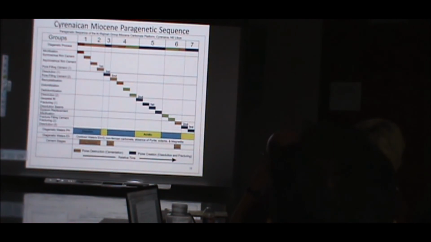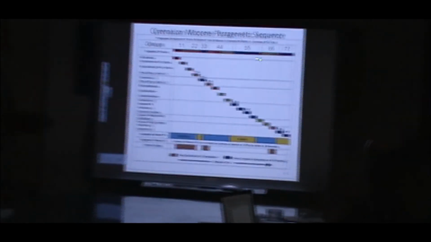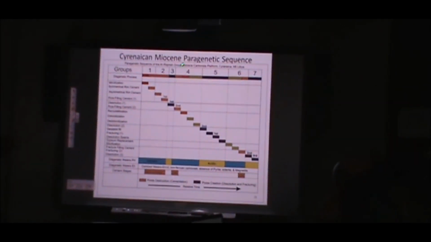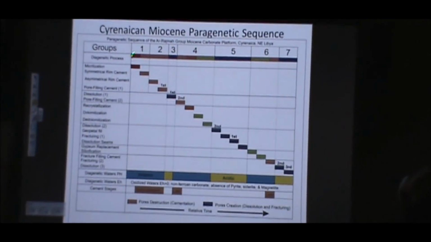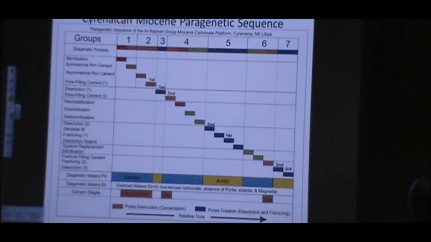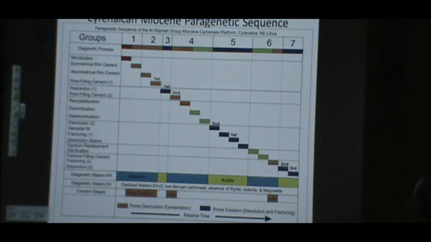These 7 groups can be put in 2 categories: porosity creation, the blue colors, which is dissolution and fracturing, and porosity destruction, the other colors. So we have 3 porosity creation events and 4 porosity destruction events.